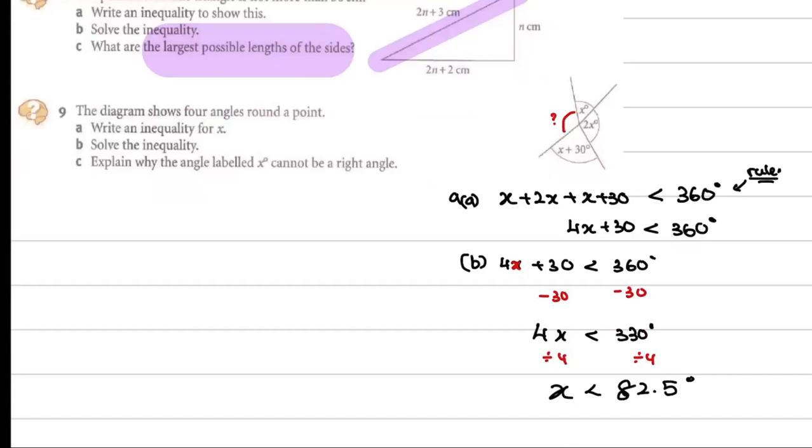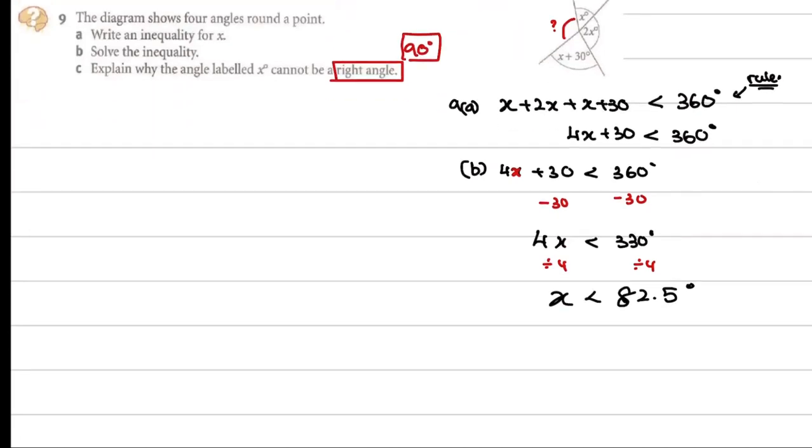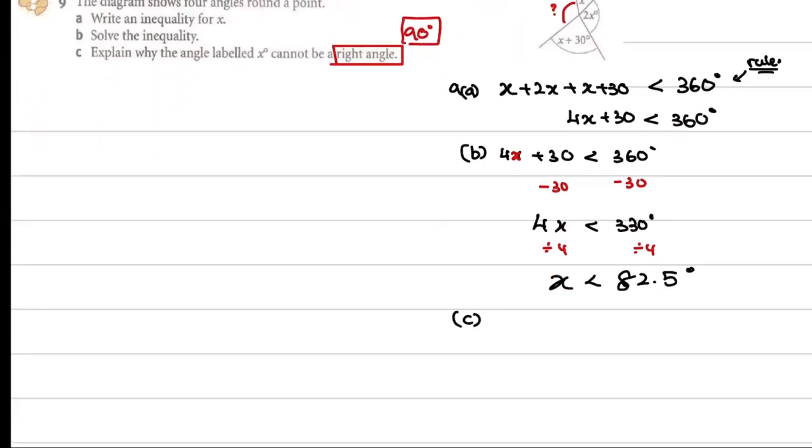Now they ask you to explain why the angle labeled x cannot be a right angle. A right angle here is actually 90 degrees. So let's look at x, because now we can explain it based on our inequality here.